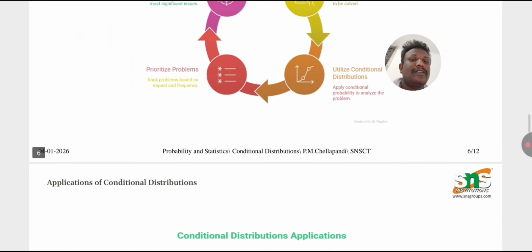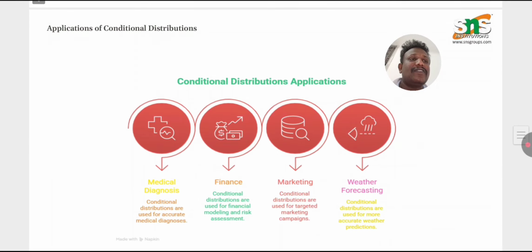Next, applications of conditional probability distributions. It is used in many areas: data science, machine learning, medical diagnosis, and risk prediction. In these 4 areas, it has a major influence.